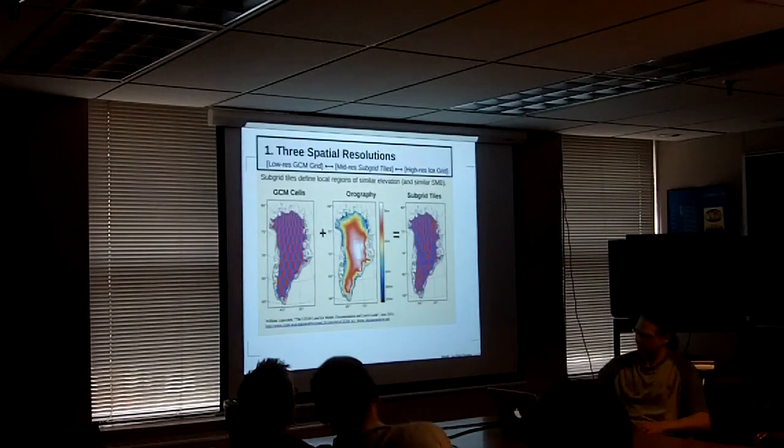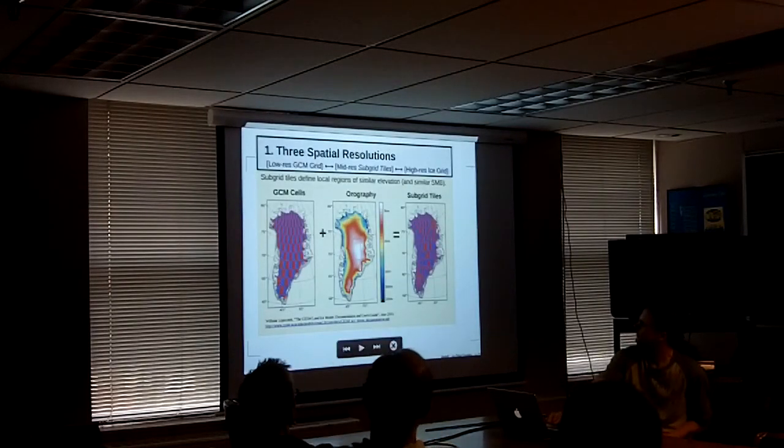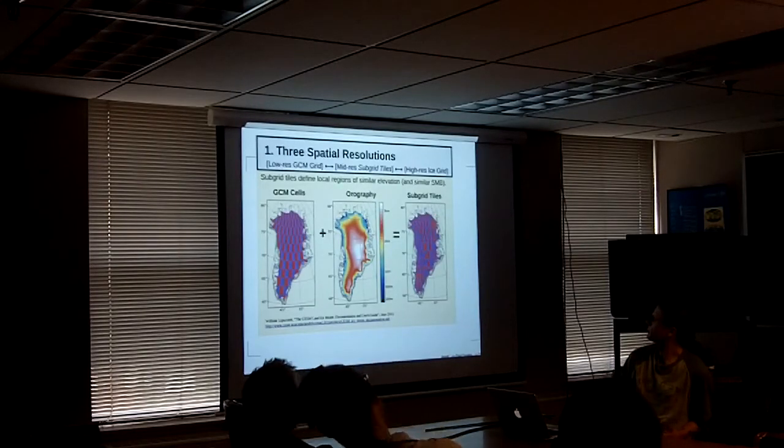So here's the idea. This is just a set of lat-long grid cells over Greenland, and here is the elevation of the Greenland ice sheet. What we've done, here, are these subgrid tiles that we've created by dividing up each GCM grid cell into height classes.